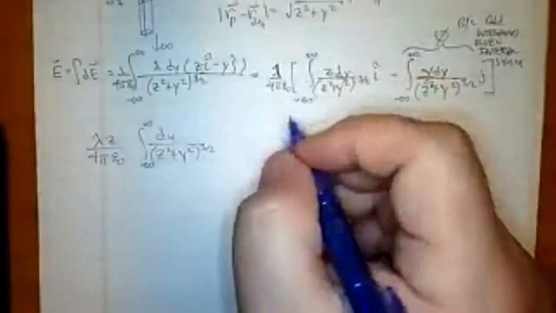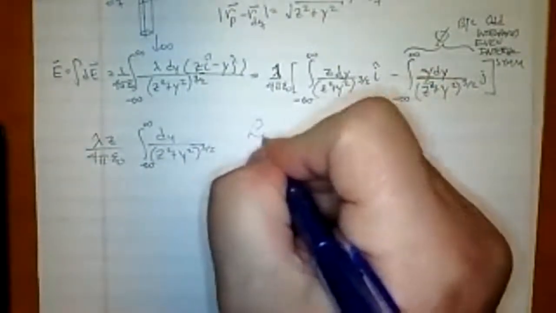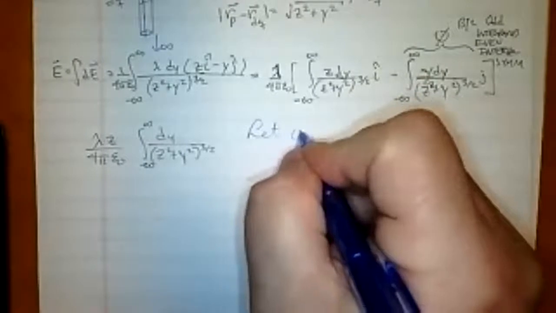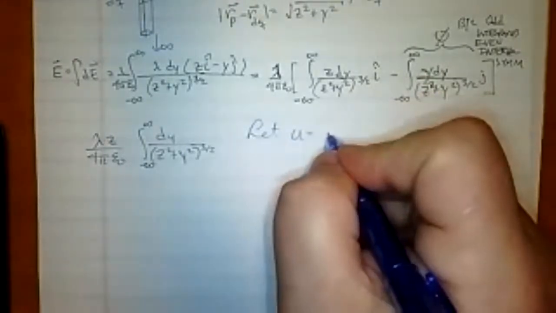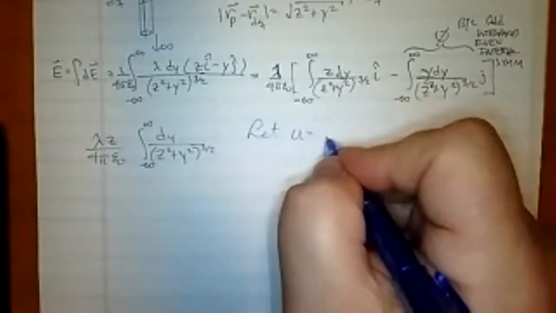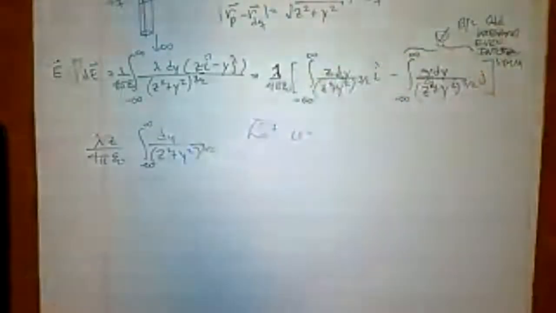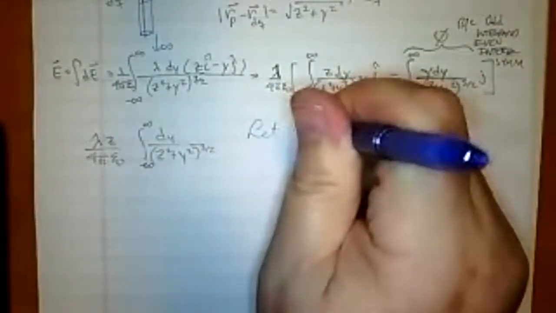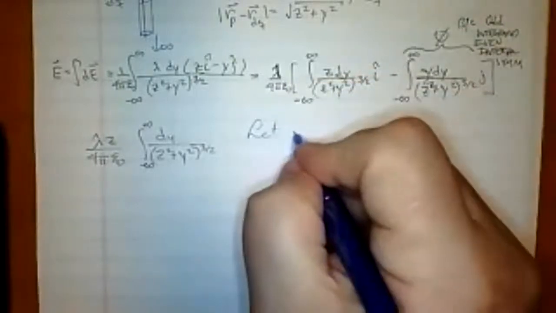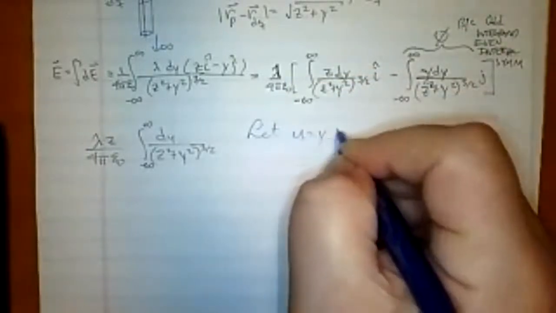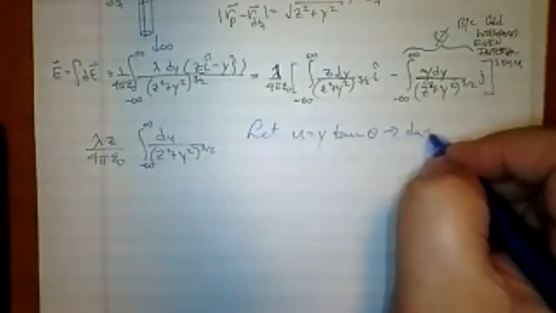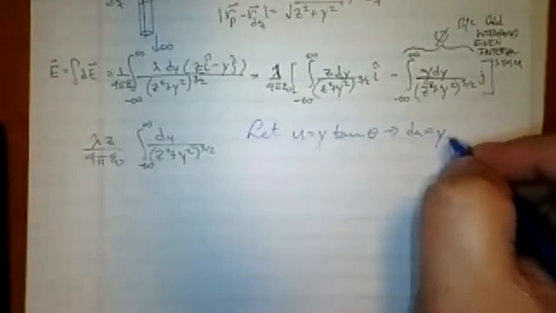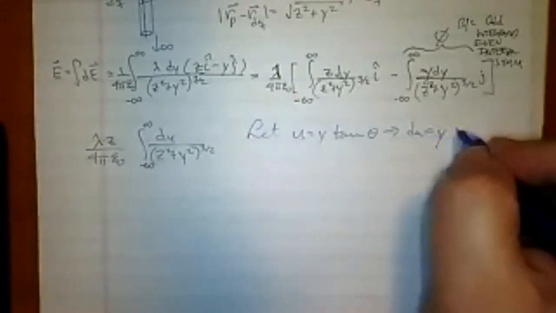So let's say, let u equal, let's let u equal y tangent theta. Then du is equal to y secant squared theta d theta.